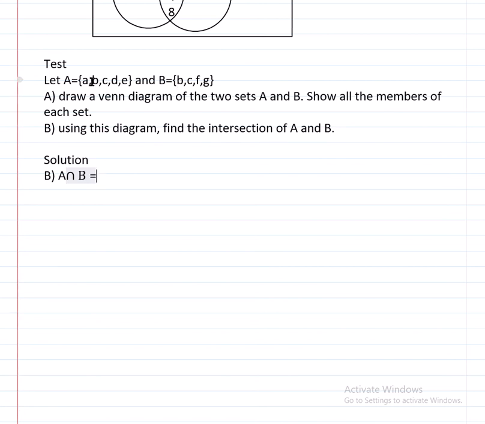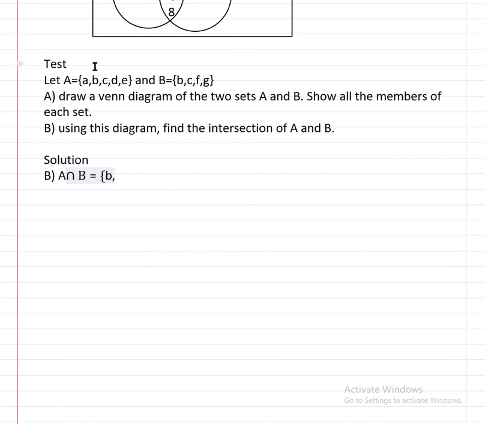Do we have B? Yes, we have B in A, we have B in B. So that is your first member, B, then a comma.